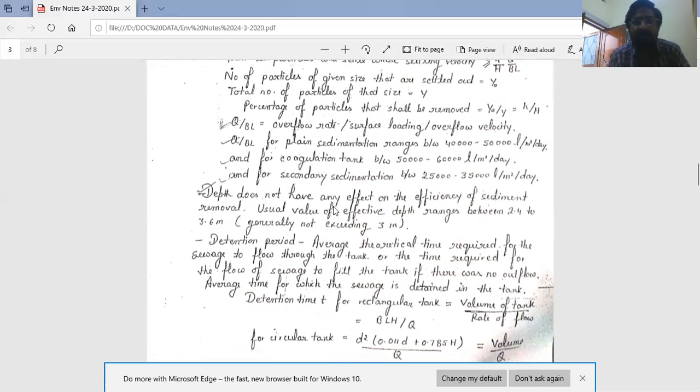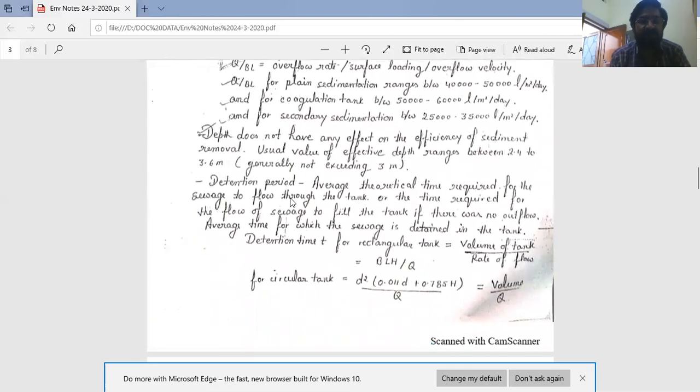Depth does not have any effect on the efficiency of sediment removal. Usual values of effective depth of a sedimentation tank range between 2.4 to 3.6 meters, generally taken as 3 meters, not exceeding 3 meters.